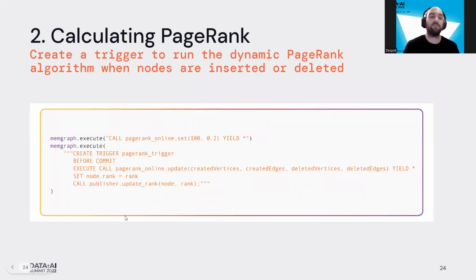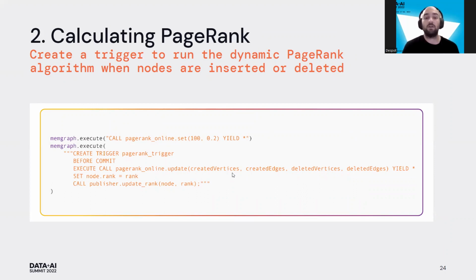Now, about setting up the trigger for the PageRank algorithm. I'm using GQLAlchemy, the Python library for connecting to Memgraph and for executing these Cypher queries in Memgraph. So first is the initialization query for the online dynamic PageRank algorithm. And then we create a trigger, and it gets executed each time there is a created vertex.